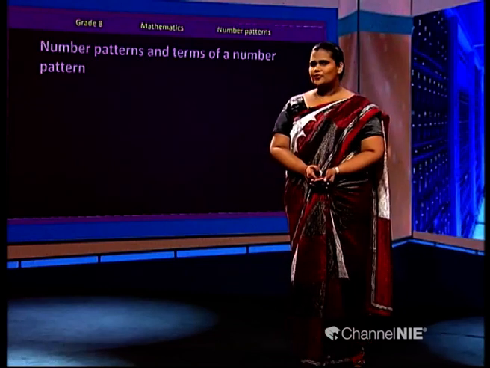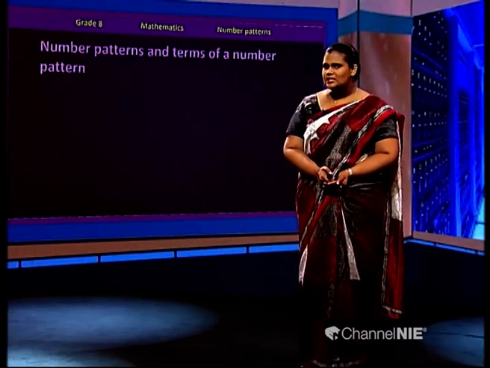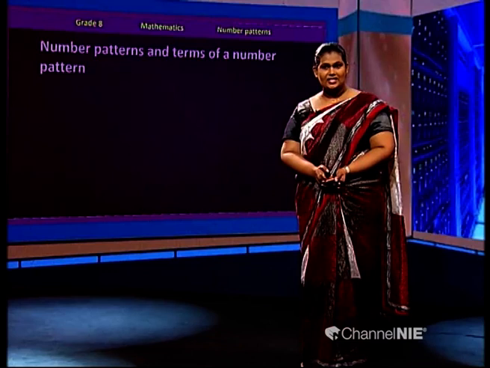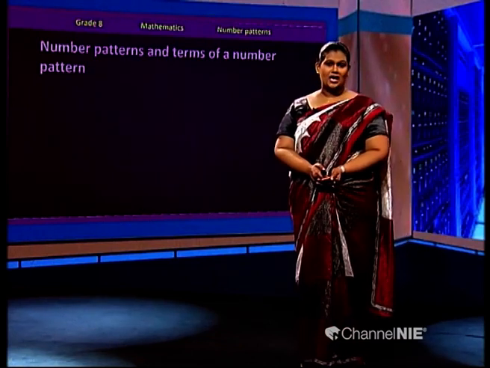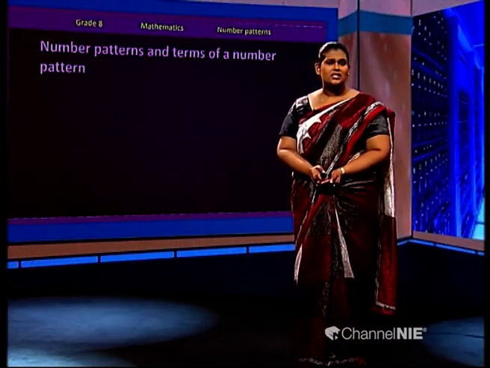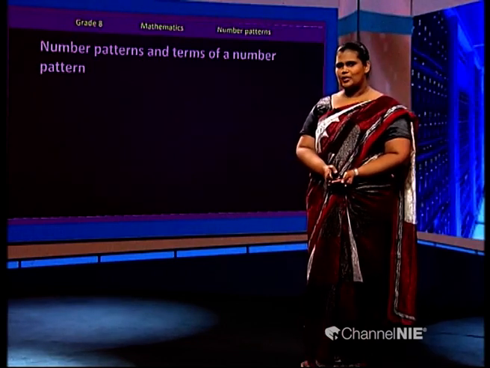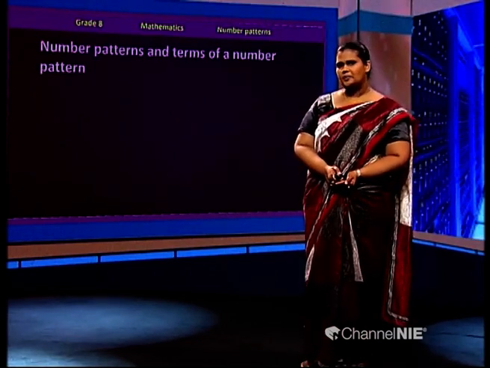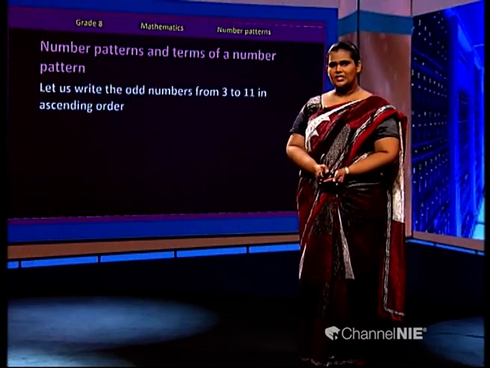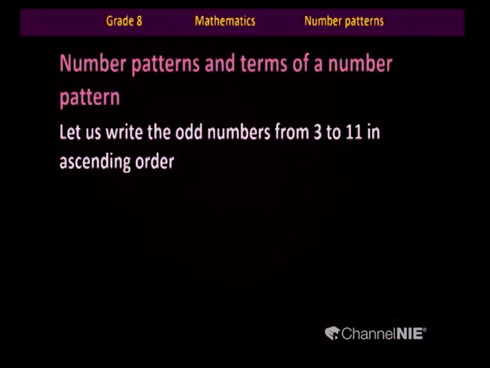Now, what is this number pattern? First of all, we have to have an idea what a number pattern is. Then we have to have an idea what the terms of the number pattern are. So, first of all, we will see what a number pattern is. I am going to consider the odd numbers written from 3 to 11 in ascending order.